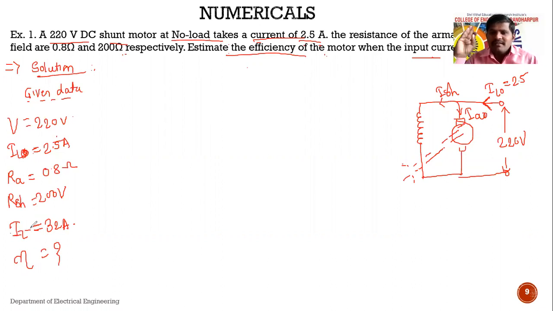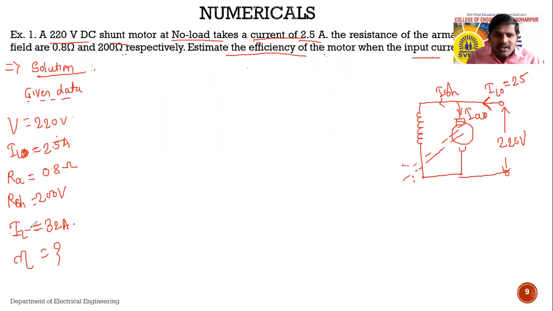What is given? Supply voltage is given. The motor runs at no load condition, so the no load current taken from the supply is equal to 2.5 ampere. You people know, load increases, torque increases. To meet that value of torque, the current taken from the supply also increases.